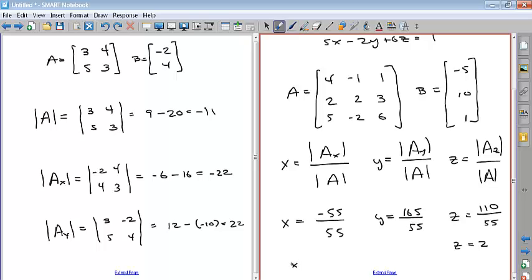So x equals negative 1, y equals 3. There's your solution.